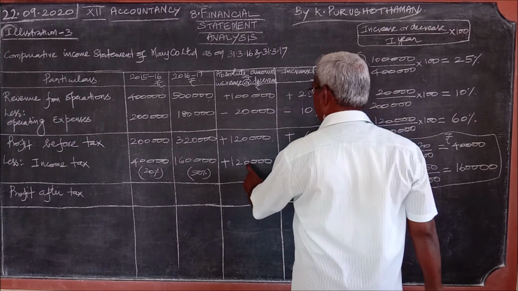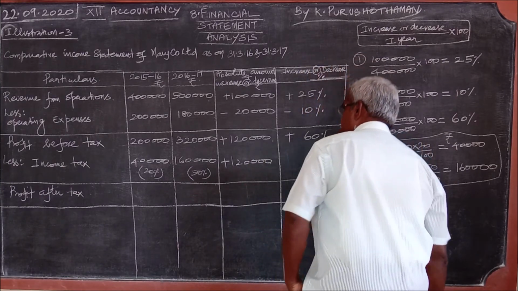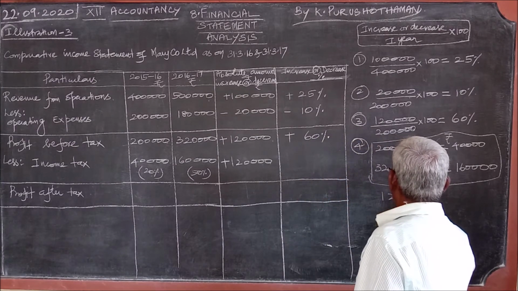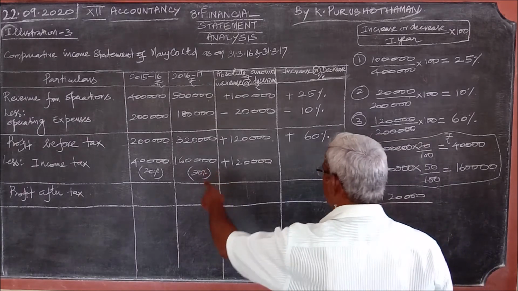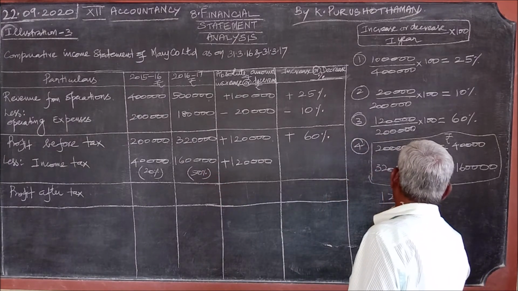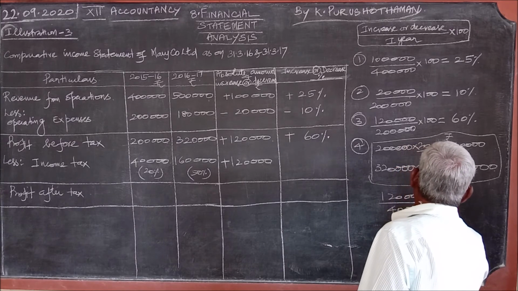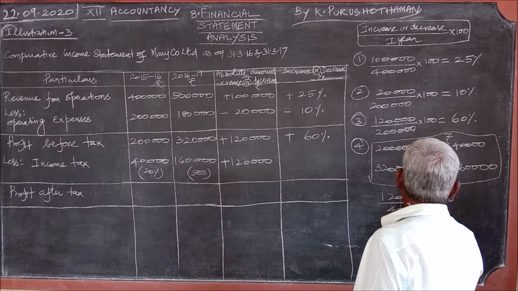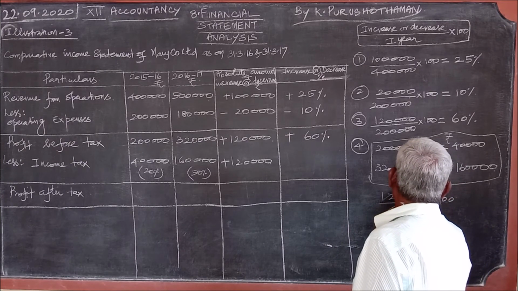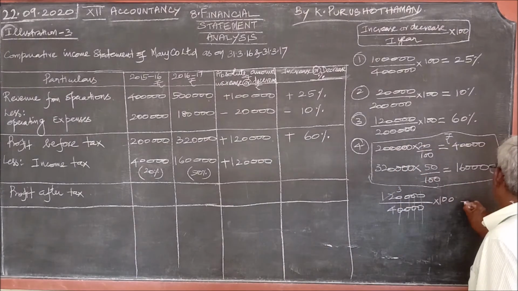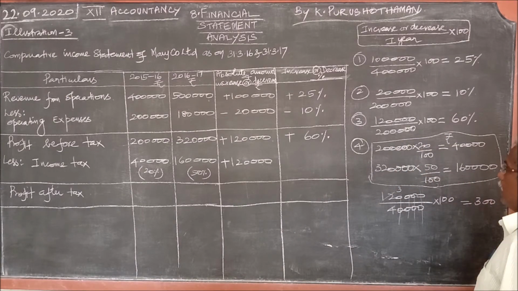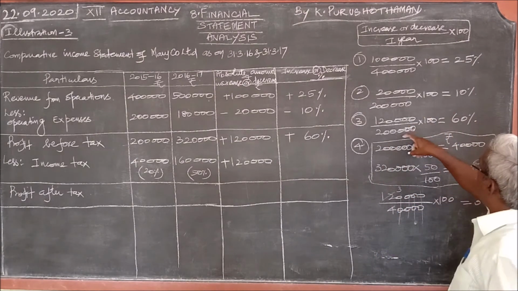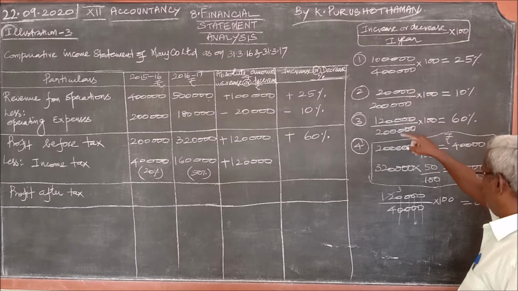But for this fourth item, what is the increase percentage? Income tax increase 1,20,000. For how much has it increased? For 40,000, into 100. If you simplify, 3 into 100, 300. Generally, you will make a mistake here and write the number 3, because in other items the denominator is always greater.